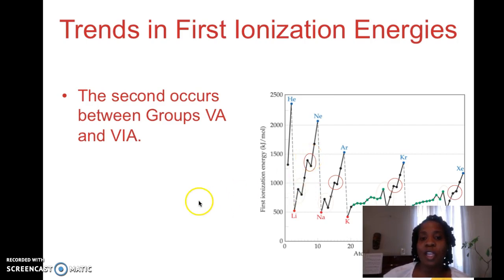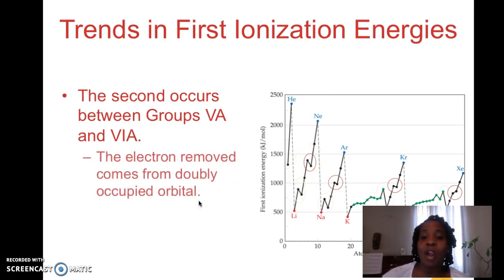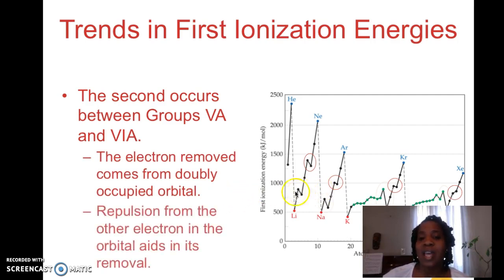The 4th electron had to be paired with one of the other p electrons, and therefore there was a bit more repulsion due to having the 2 electrons occupying the same orbital. Due to that repulsion, that electron is slightly easier to remove.